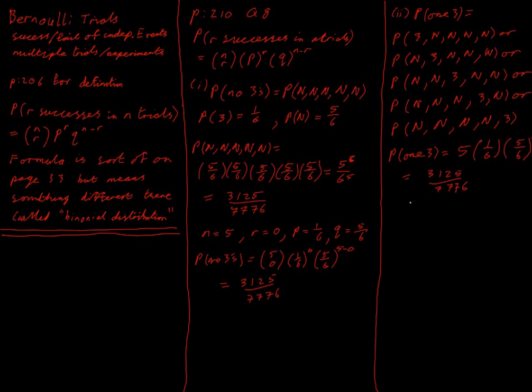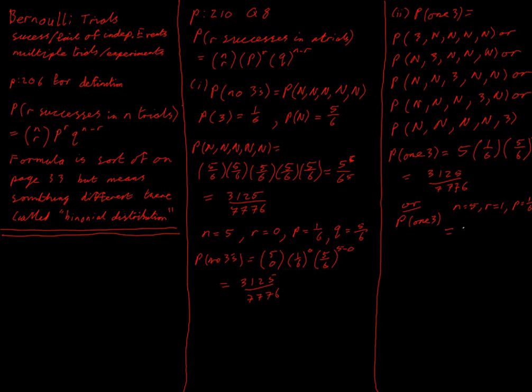It's just a coincidence. Now, the other way of doing this would be to simply use the Bernoulli theorem. So probability of 1 3. We'd have n is 5, r is 1, p is 1/6, q is 5/6.